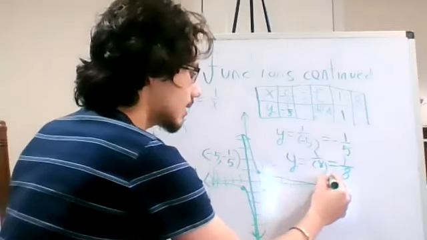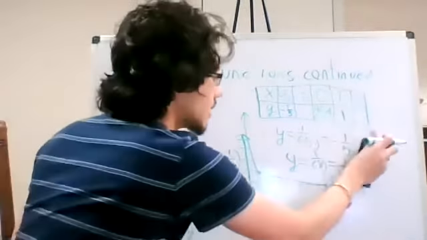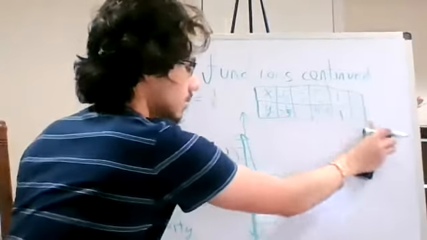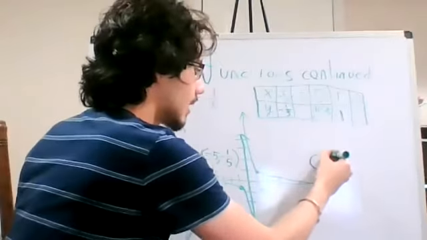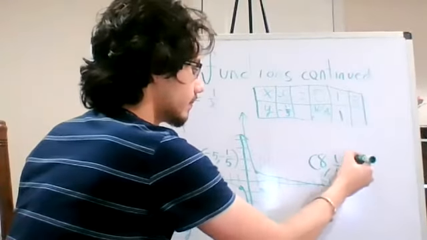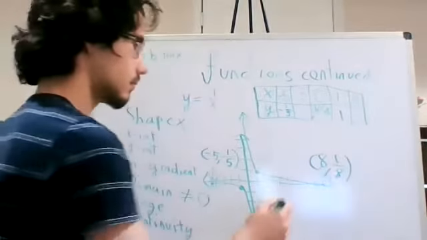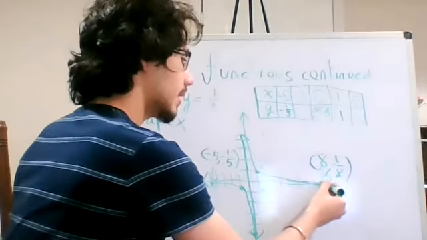And we can say that here is, I'll erase this for room. Here is simply 8, 1/8. So that's what it looks like when we approach over here.